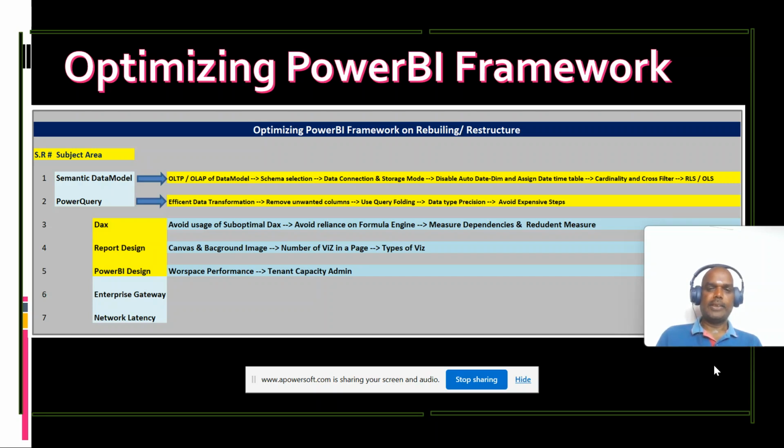You can analyze how many users are accessing your workspace, how many reports are viewed by the users, how many datasets are consumed by the users, and you need to keep an eye on and track the history. If a report is no longer used for more than a month, it is not recommended to keep your report in the workspace. There is no need for it. It is taking up your workspace capacity, so you need to look into that.